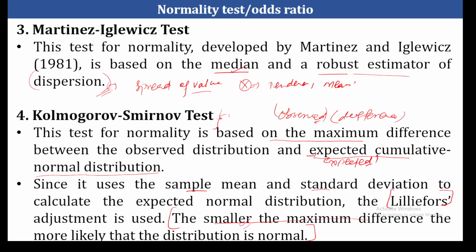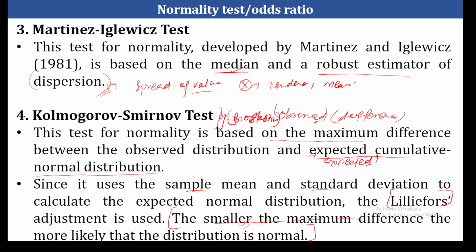That is very important. Then we have the Martinez-Iglewicz test, and the Kolmogorov-Smirnov test, which is usually used in biostatistics. I am working in biomechanics, so I usually use this test for my data. We have some participants from whom we take EMG data, and once we do the normality test with the Kolmogorov test, I go ahead with our own analysis.